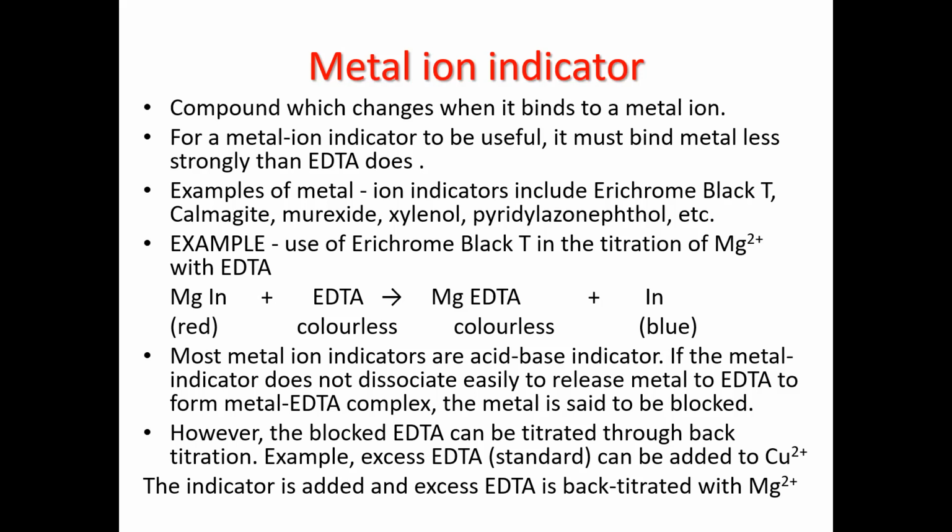So it should not be a very stable relationship, such that the strongly binding capacity of your EDTA will strip off the indicator when the ligand reacts with the metal ion. Examples of EDTA metal ion indicators are Eriochrome Black T, calmagite, murexide, xylenol orange, and pyridylazo phenol. So these are the different examples of metal ion indicators.